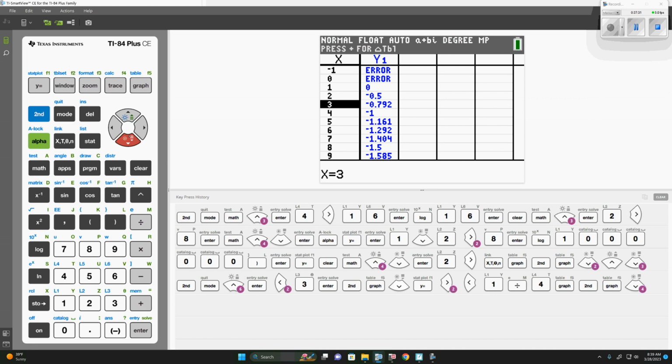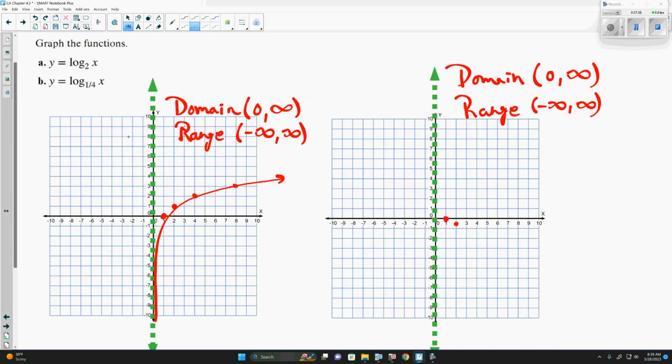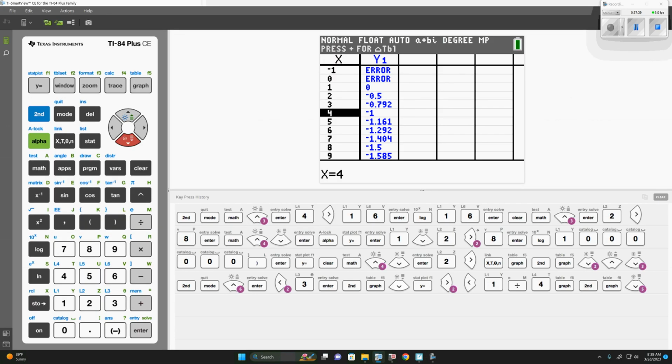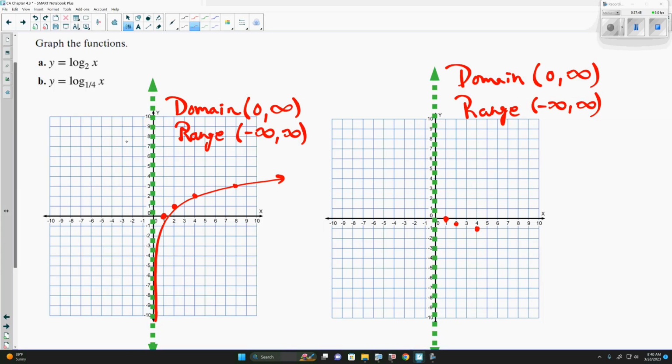Next one we have after that is 4, negative 1. Next one we have after that is 8, negative 1.5. And then we can tell it to graph it. Any questions on this here?